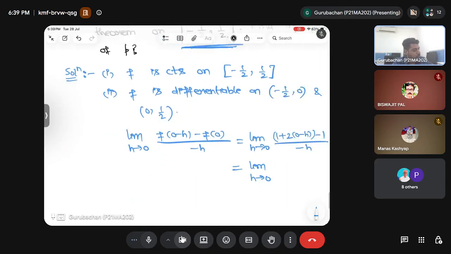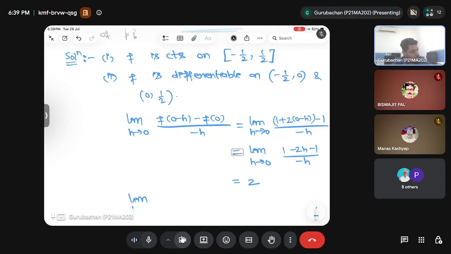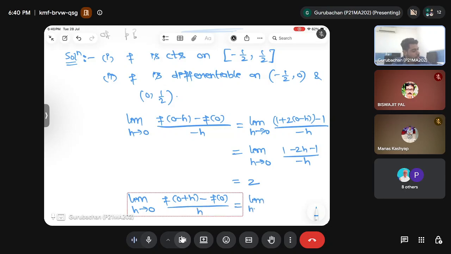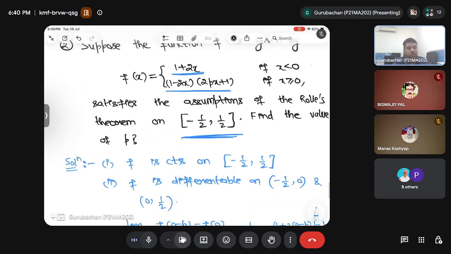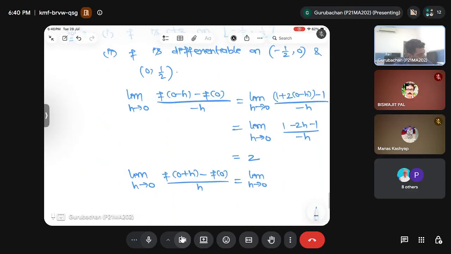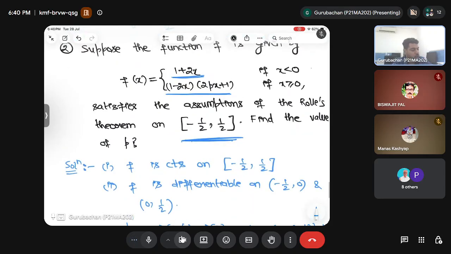You can do that. So here it will be (1 minus 2h minus 1) divided by minus h, and if you solve it you will get 2 here. While calculating the right hand derivative, (f of 0 plus h minus f of 0) divided by h, this will be the limit as h tends to 0. So our function is 1 minus 2x and 2px. So 1 minus 2h and 2ph plus 1, and when you substitute 0 here you will get 1 and 1.